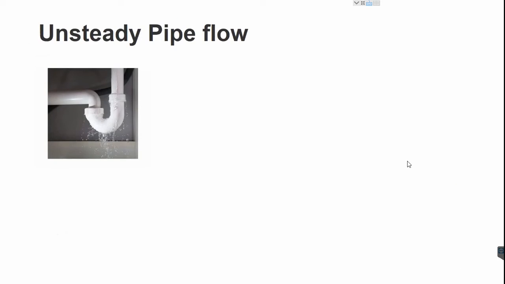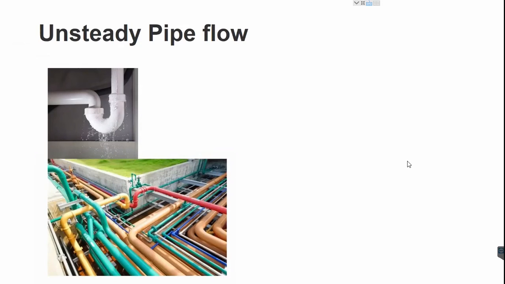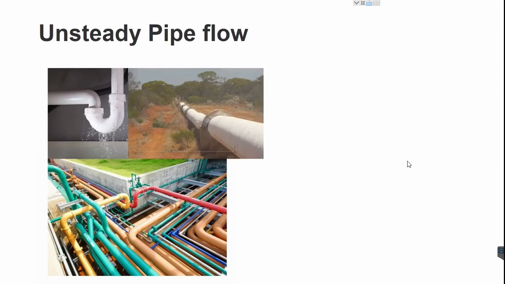So we can see unsteady pipe flows everywhere, in everyday applications like in our homes, or maybe in industry, or even in transportation pipelines like the ones we use to transport oil, gas, or water.